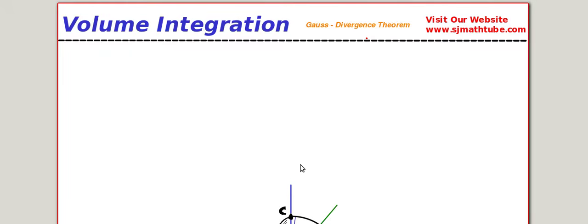In this video, we are going to continue our discussion on Gauss Divergence Theorem. And in this video, we will be dealing with the sphere problem. I hope you watched the last two videos. In the first one, we discussed the cube.